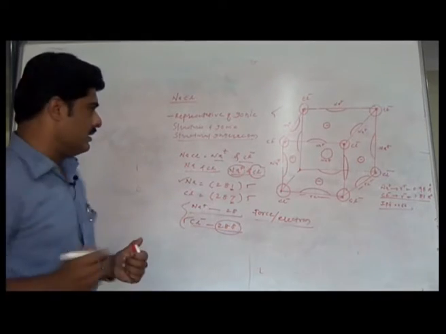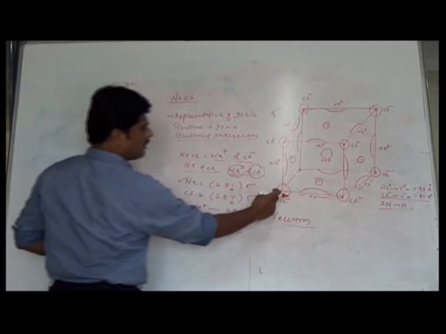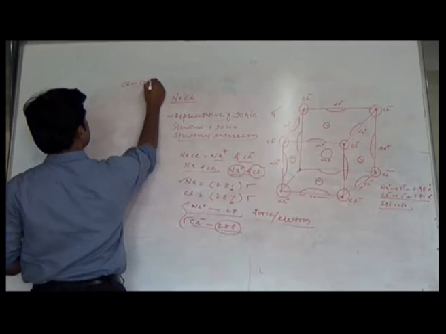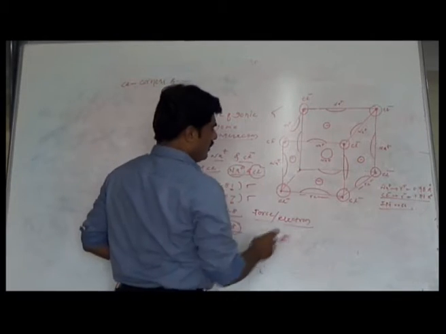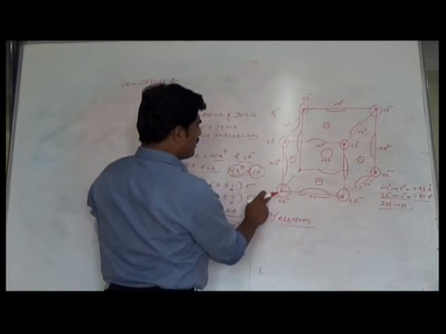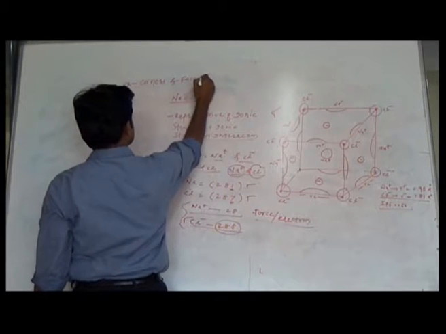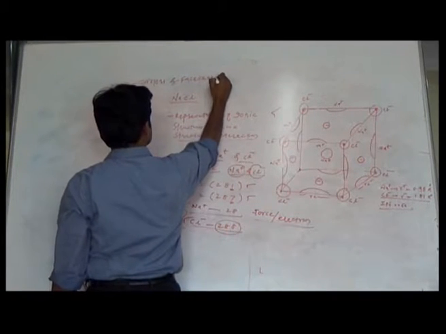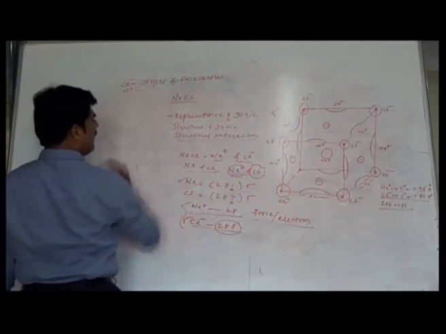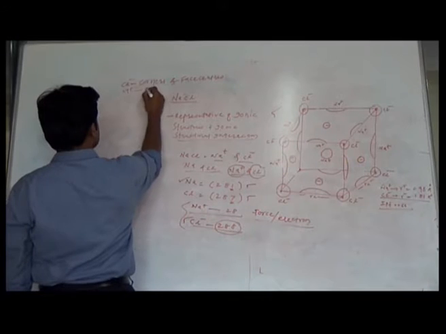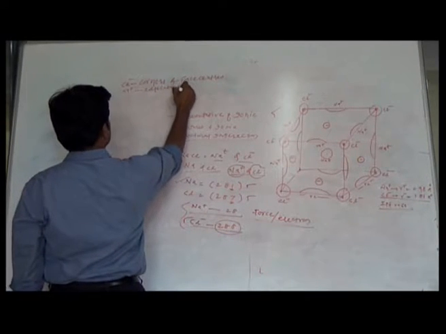Once again I make it clear, chlorines are occupying the positions of corners and the face centers, and Na plus are occupying the positions of edge center and body center.